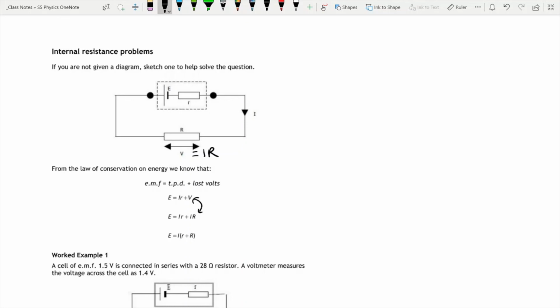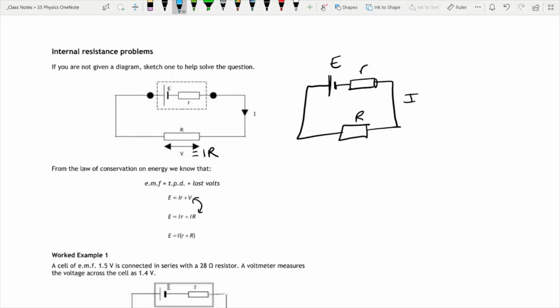Another way of looking at it, if this helps you, is to redraw this diagram. We've got our EMF, an internal resistance, and an external resistance, and we've got current going around. You could say that EMF is just our total voltage applied to that circuit.